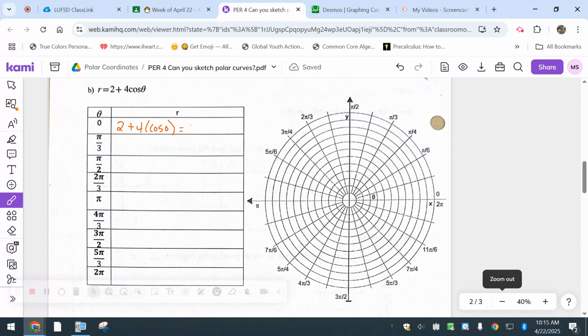This should be 2 plus 4, so it should be a 6. You should get that. Okay, so like 0, 6 means 0, and then 1, 2, 3, 4, 5, and all the way out. Okay, so have fun. All right, you guys will work on this one.